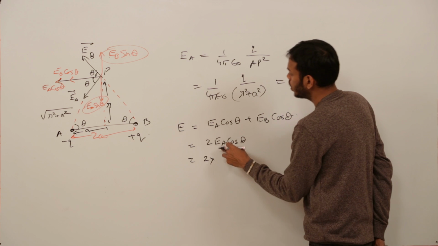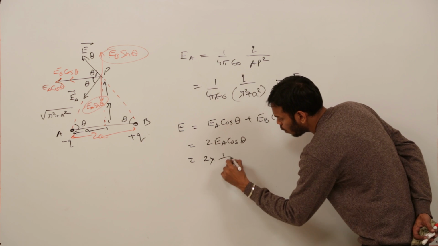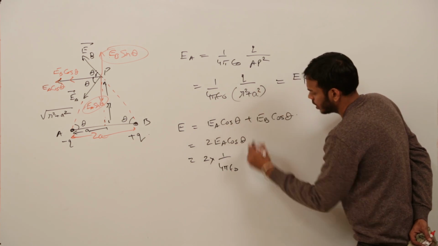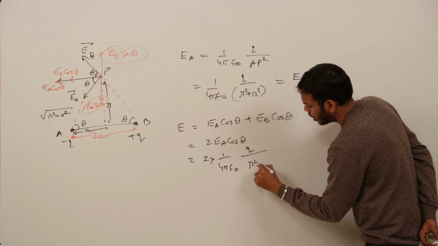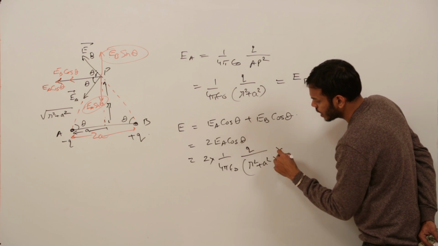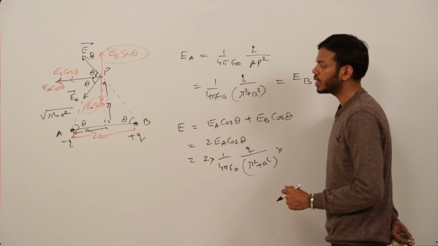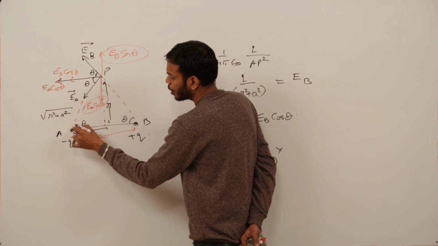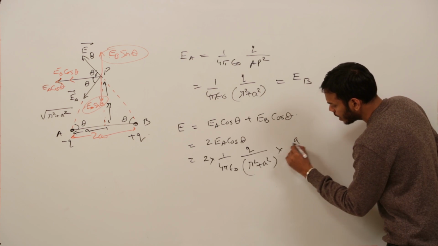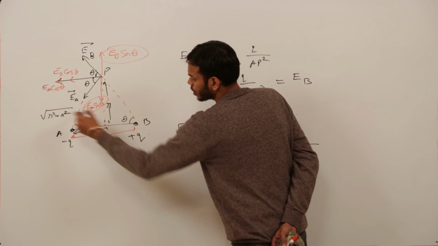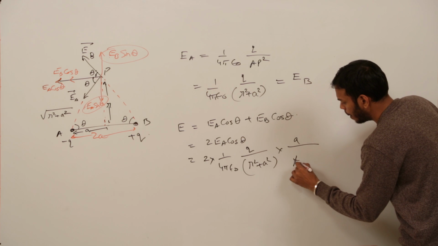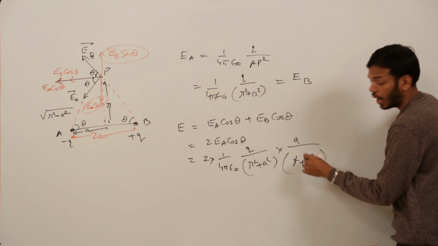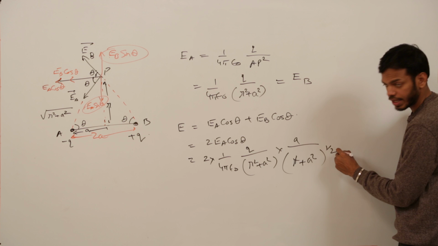2 into, this is the value of EA, 1 upon 4 pi epsilon naught Q upon R square plus A square, cos theta. What would be the cos theta? Take any triangle, cos theta is base over hypotenuse. Base is A over the hypotenuse, R square plus A square under root, which is this.